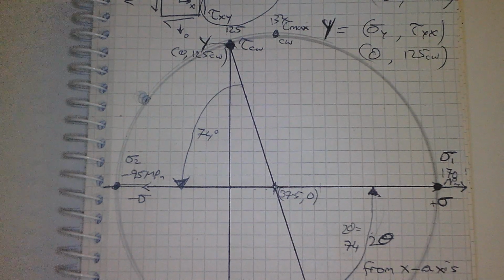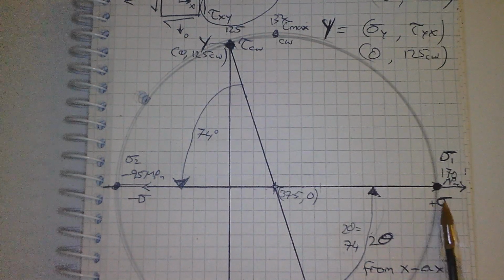If you look at those equations, there's some value of theta at which the equation for normal stress is a maximum, and at that same angle of theta, the equation for shear stress transformation equals 0. Okay.